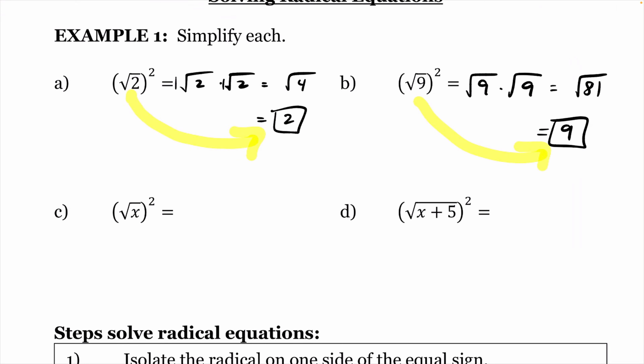So let's use that thought. Without doing all of the math, what do you think the answer to 1c is going to be? Just x. And what do you think the answer to 1d is going to be? X plus 5.